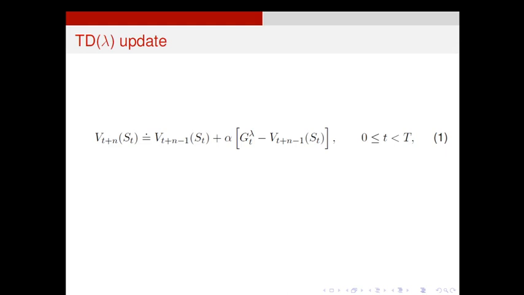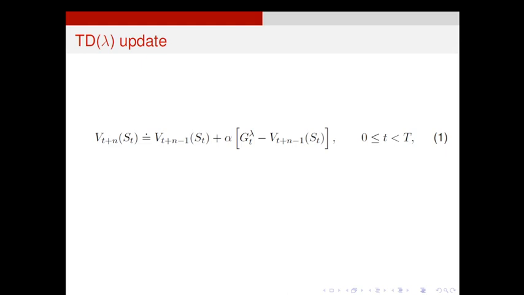Our usual weight update formula is V(s_t) equals V(s_t) plus alpha times the current expected value, that is R_{t+1} plus gamma V(s_{t+1}) minus V(s_t). Here G_t^lambda corresponds to our previous temporal difference target, and G_t^lambda minus V_{t+n-1}(s_t) is called the temporal error.